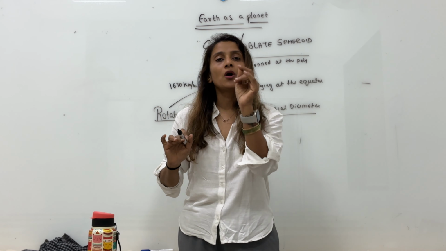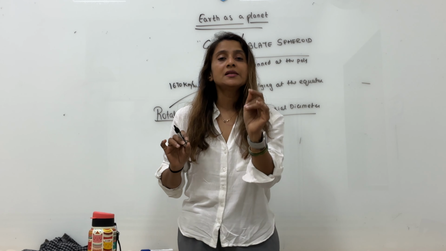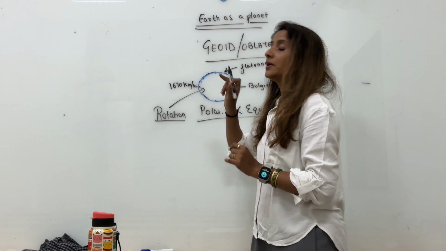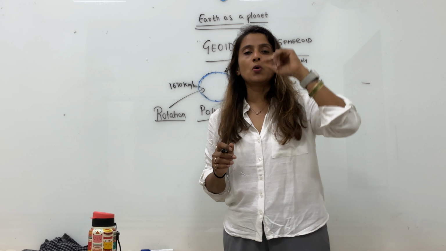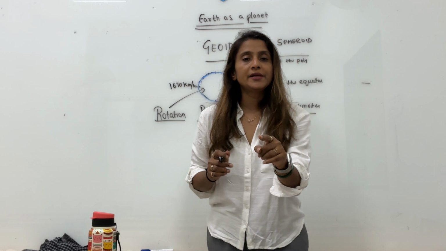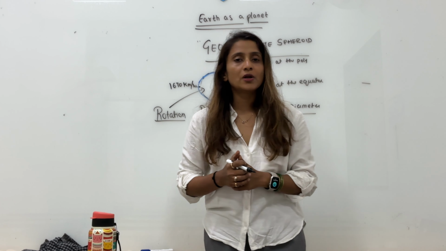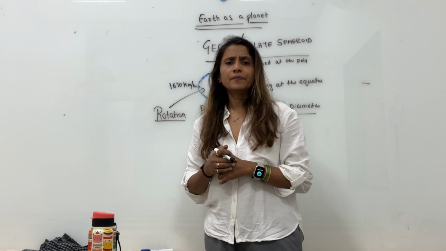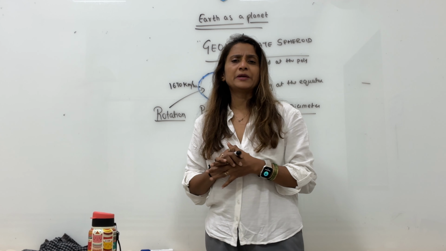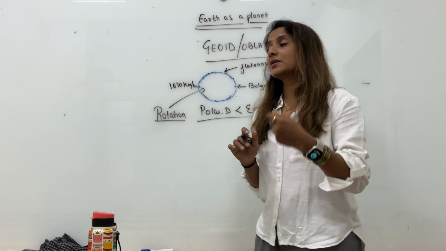The speed of the rotation is maximum at the equator. And as you go towards the poles, the speed of the rotation will decrease. This is how the rotation speed is. So because of this, what happened?